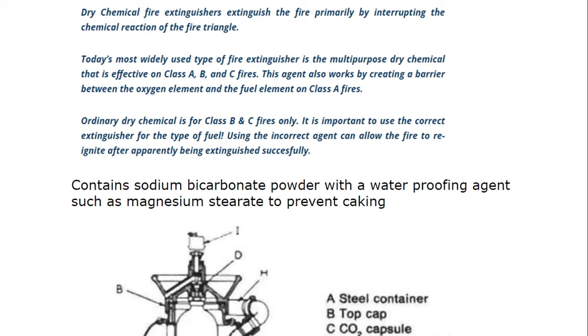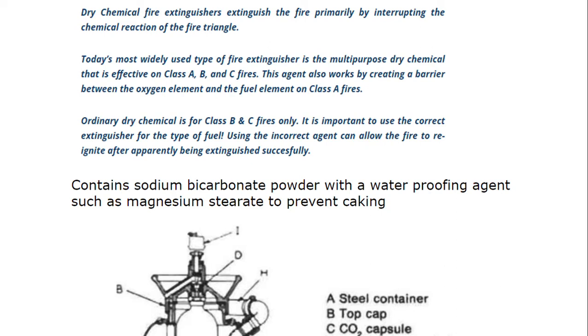And for the tetrahedron, we talk about the fourth element, that is the chain reaction. This chemical powder extinguisher is breaking this chain reaction. Remember, it doesn't have a cooling effect altogether, which you will find with a foam type or a water type. Okay, DCP doesn't have this property.